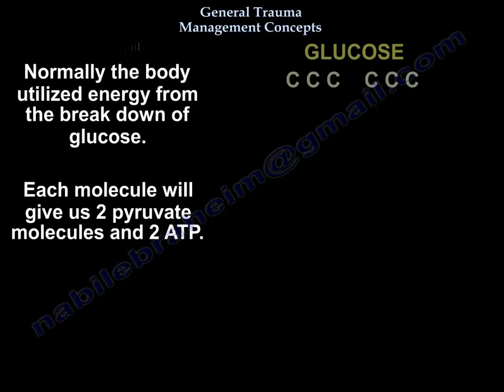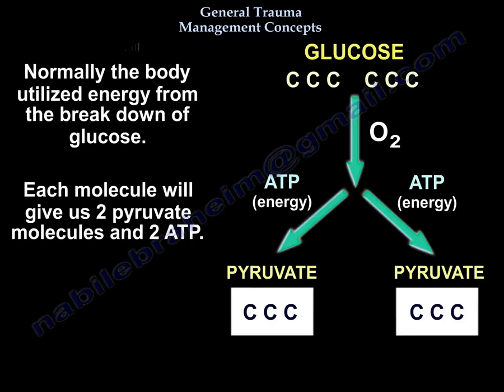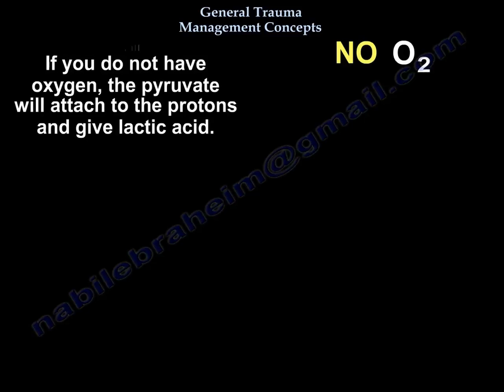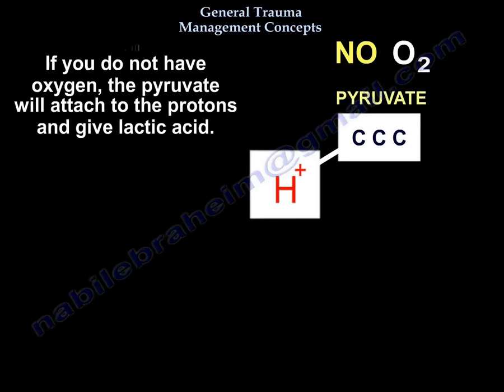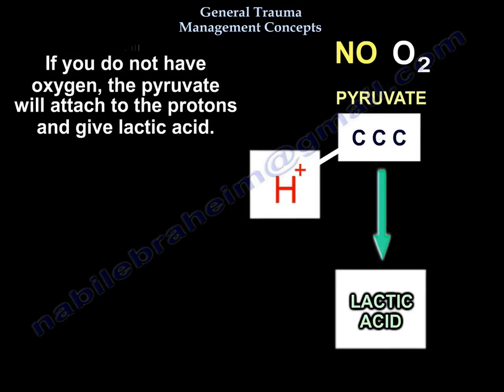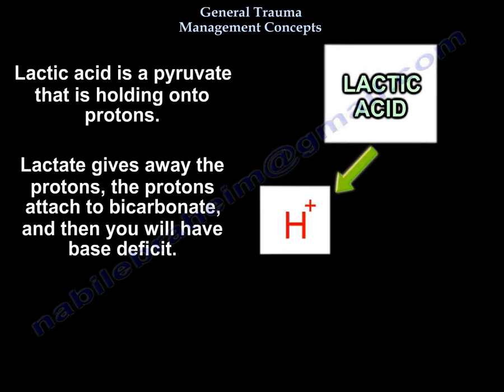Normally, the body utilizes energy from breakdown of glucose. Each molecule will give us 2 pyruvate molecules and 2 ATPs. This occurs when you have oxygen. If you don't have oxygen, the pyruvate will attach to the protons and give lactic acid, which is a strong acid. Lactic acid is a pyruvate that's holding on protons.